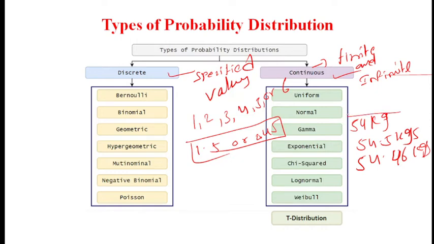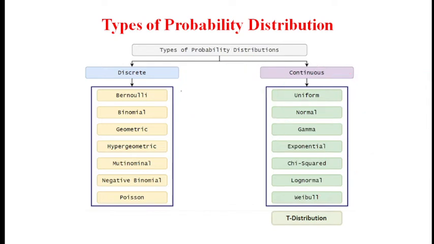This example indicates a continuous probability distribution, because under continuous probability distribution the values lie within a given range, which may be finite or infinite. We can expect the specified values as well as decimal continuous values. This is the difference between discrete and continuous probability distribution.